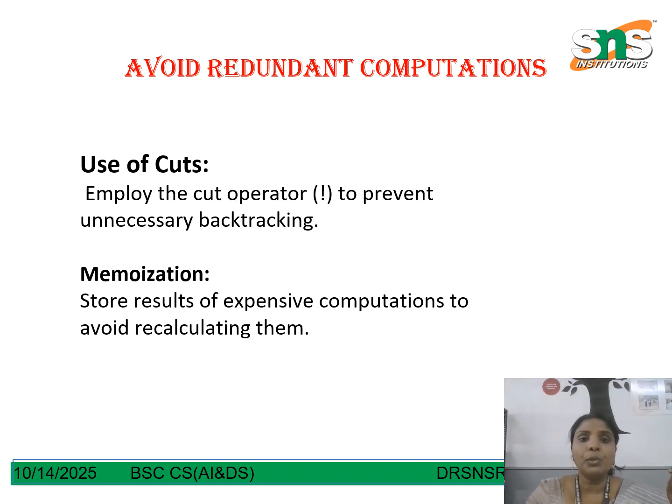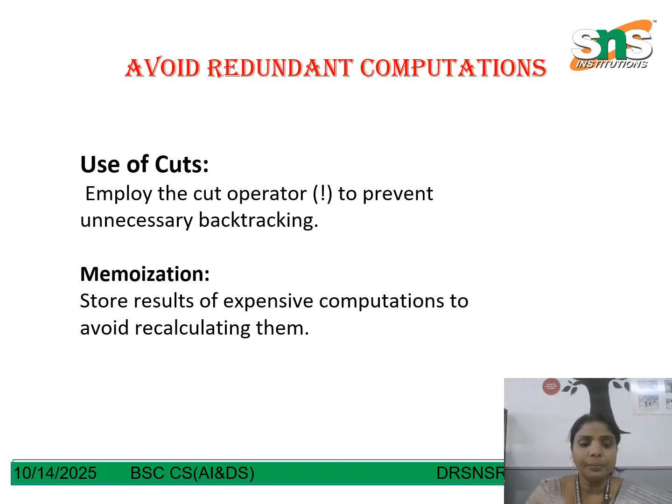To avoid this, programmers can store intermediate results using techniques like memoization or by reordering rules so that frequently used results are computed only once. For example, instead of calculating the same predicate several times with different clauses, it's better to compute once and reuse the result.